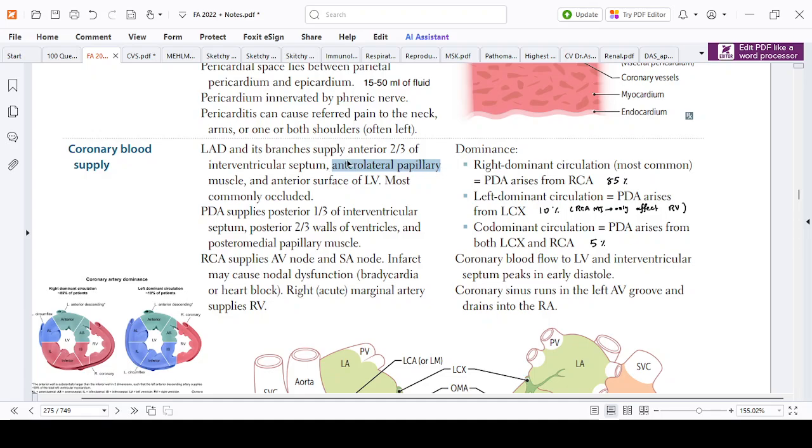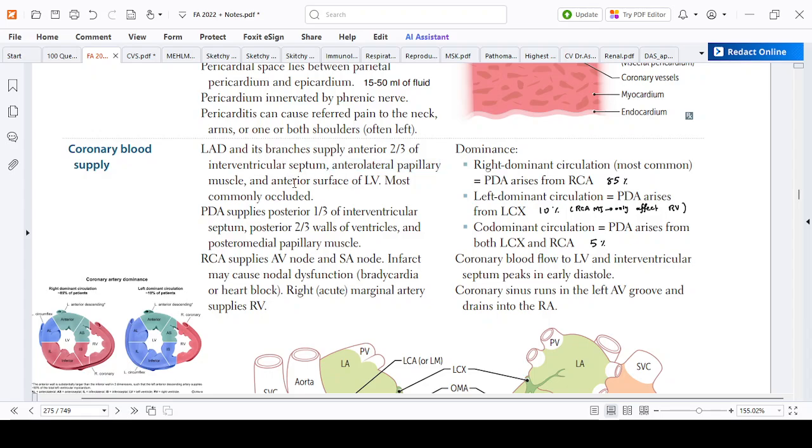In contrast, the posteromedial papillary muscle is supplied by only either PDA or RCA. So if there is left anterior descending artery occlusion, the supply to the anterolateral papillary muscle will be from the left circumflex. But in case of PDA occlusion, there will be an infarction of the posteromedial muscle because there is only a single blood supply.